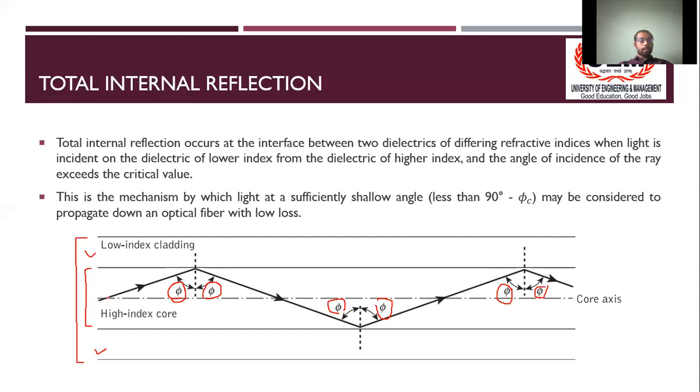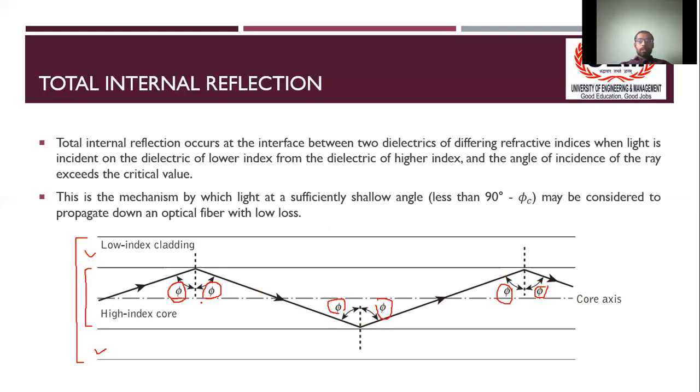So what we see here is that when a light ray is incident on the high refractive index medium with an angle which is maintaining the critical angle, the light is completely reflected back, and again it falls on the edge of the core-cladding region, and again it maintains the critical angle, then again it gets totally reflected, and this way the light is reflected back and forth inside the core region, and it reaches the end of the fiber optic core.